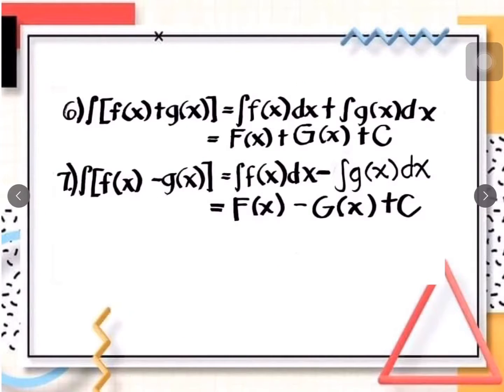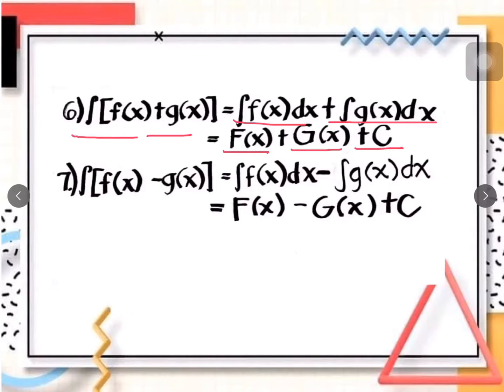Next, law number 6, if we integrate f of x plus g of x, it is equal to the integral of f of x dx plus the integral of g of x dx, which is equal to f of x plus g of x plus our arbitrary constant c. Law number 7, subtraction.